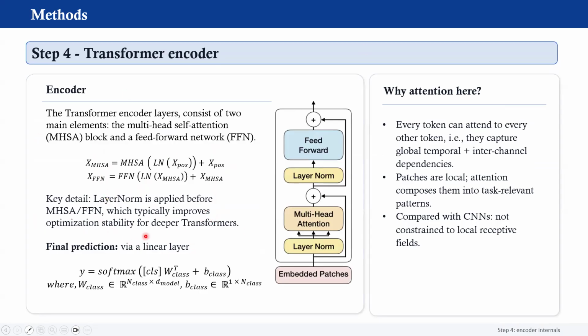And essentially here they have said that the layer norm is applied before these two blocks of multi-head self-attention and feed-forward, because they have said that it typically improves optimization stability for deeper transformers. But they have done no ablation to further support that.